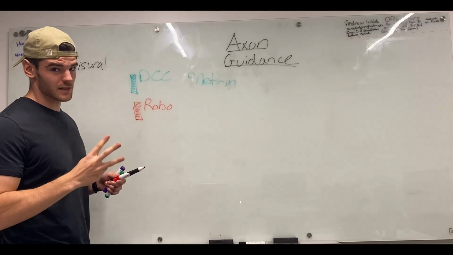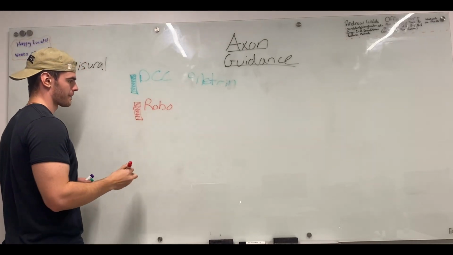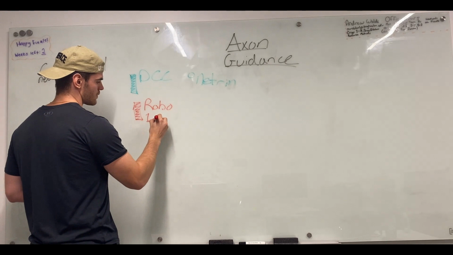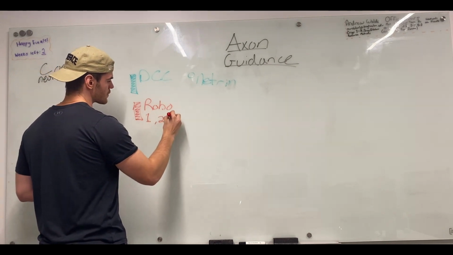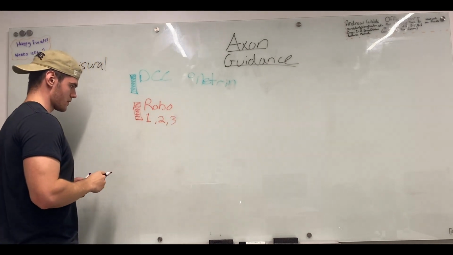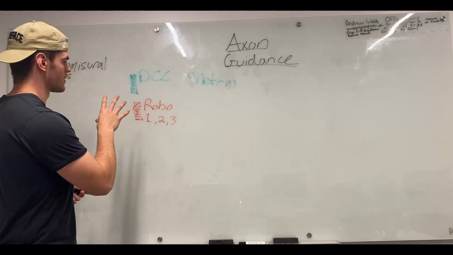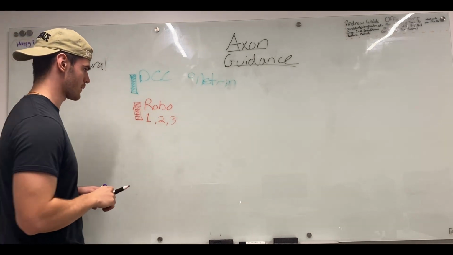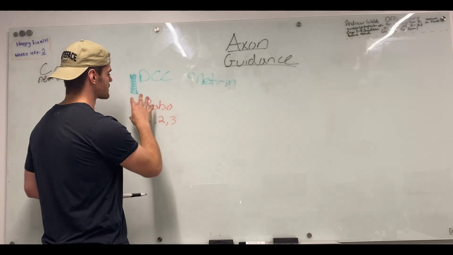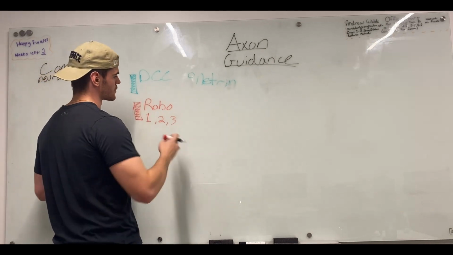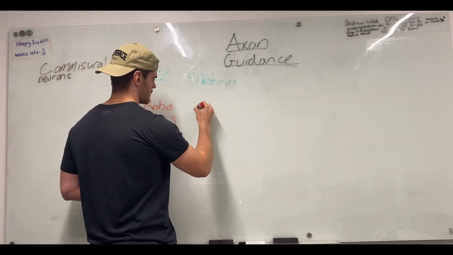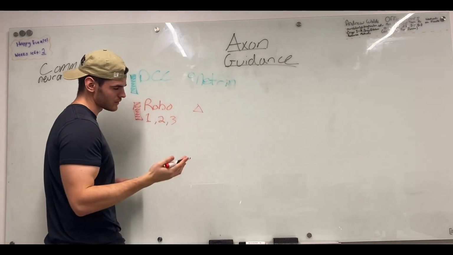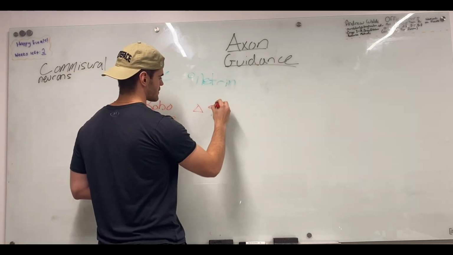There are 3 different kinds of robo. One, 2, and 3. That will be more prevalent later. Okay, but just like DCC, robo has a target molecule that I'll represent as a triangle called SLIT.